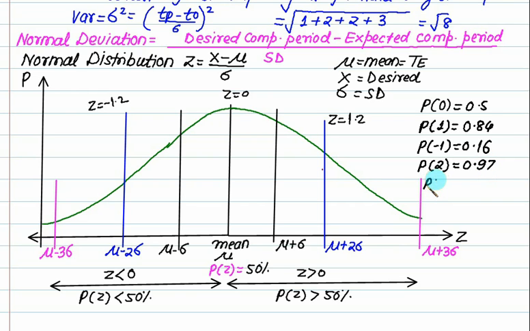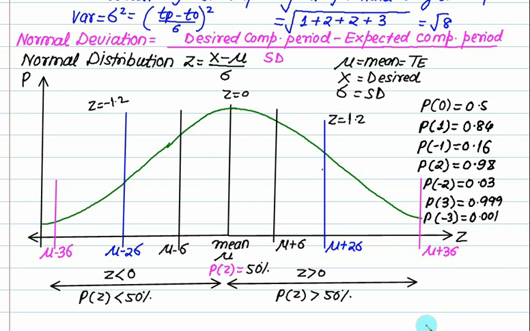What is the probability of minus 2? 0.03. What is the probability of 3? 0.989, so this one is 0.999 something. The probability of minus 3 is 0.0000 something.